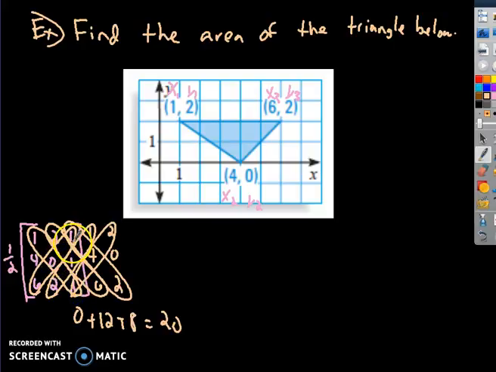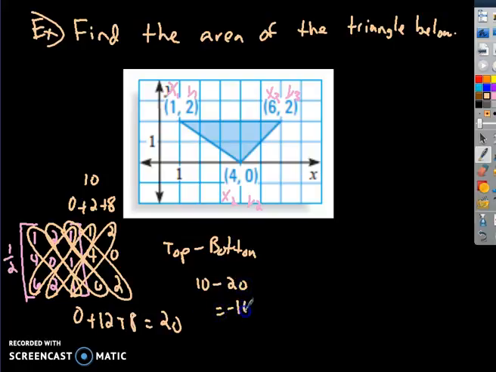So 6 times 0 plus 1 is 0, plus 2 times 1 times 1 is 2, plus 1 times 4 times 2 is 8. So this is 10. So top, subtract, bottom. So it's going to be 10, subtract 20, negative 10.